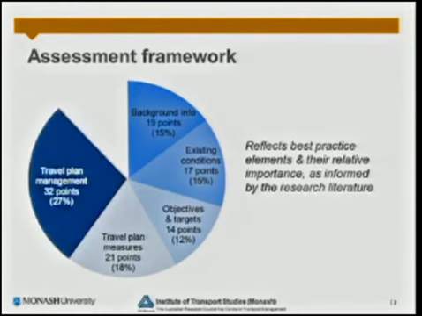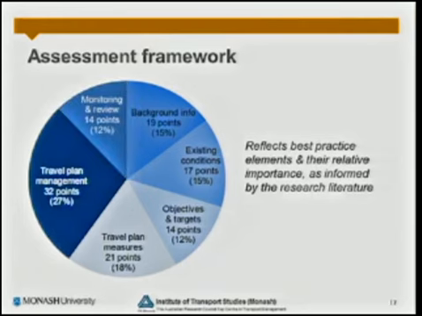How is the travel plan going to be managed in terms of how is it going to be implemented, by whom, and over what time frame? And finally, was there any component of review and monitoring?